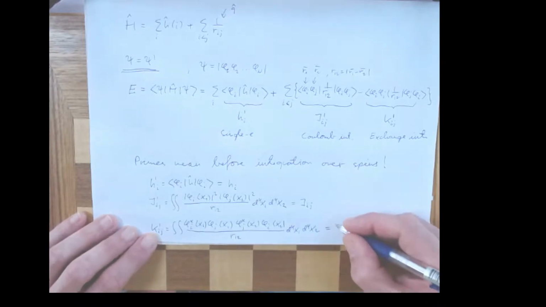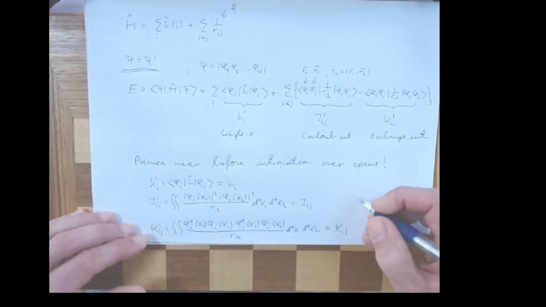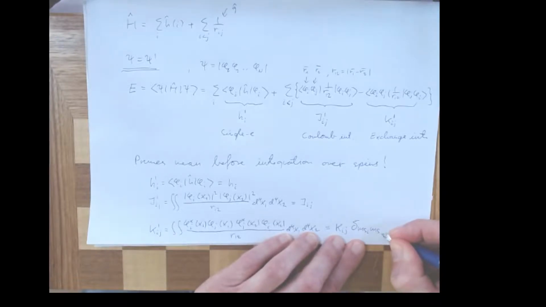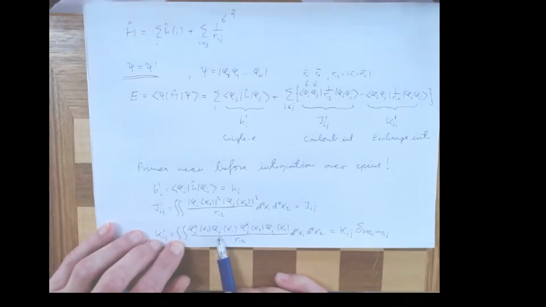And what we can say is that it's whatever you would get by ignoring spin integrals times a delta of this form. If the spin parts of i and j are the same, we get this factor, the spatial integrations. But if they are different, we get 0.